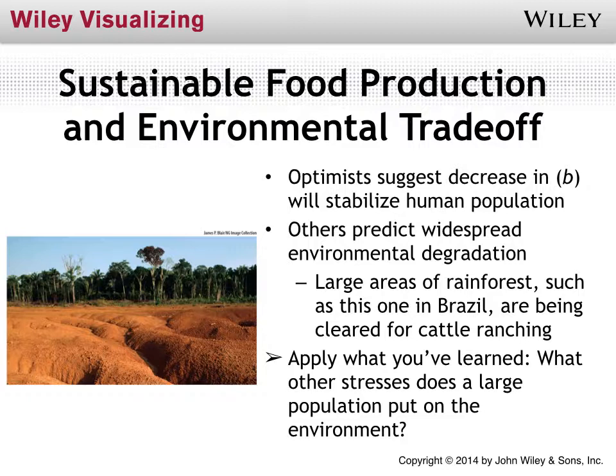Again, I would argue that of these two options, finding a way to decrease the birth rate or waiting for the environment to be destroyed to the point where there's a population crash, optimistically looking at affecting birth rate is probably the better of those two options.